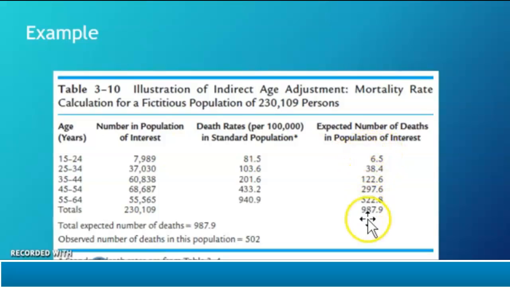You go down the rows and add these numbers up and you get the expected number of deaths, which is 987.9. The observed number of deaths is 502. In the assignment, you'll have to add up the observed number of deaths in another column.